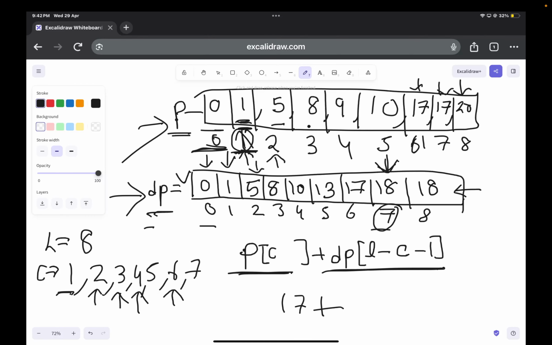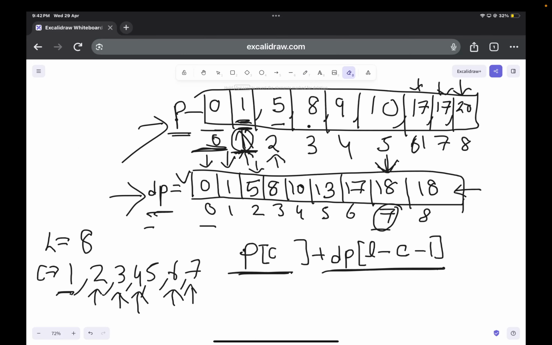Okay, cool. Now let me cut for 7 and then check. If you cut the 7th cut, it is 17. So 17 plus dp of 8 minus 7 is 1. 1 minus 1 is 0. But it should be 6 and 2, right? So look at the 6.